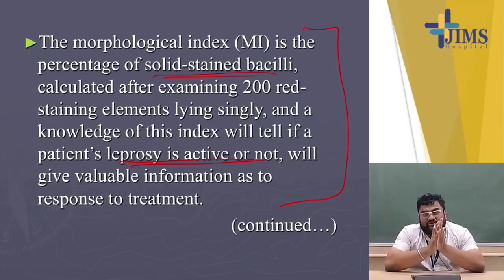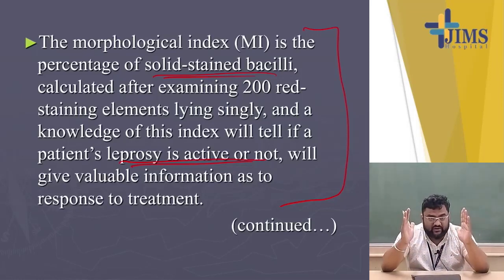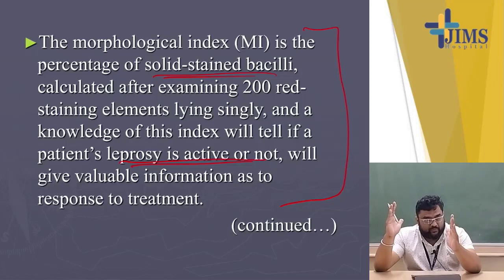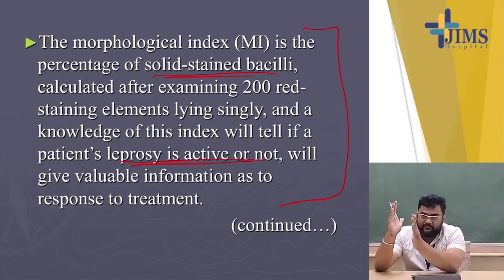Now, the leprosy disease is divided into 5 parts. It starts from tuberculoid leprosy and ends in lepromatous leprosy: tuberculoid leprosy, borderline tuberculoid, mid-borderline, then borderline lepromatous and lepromatous.